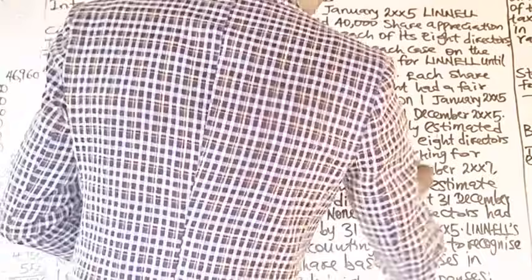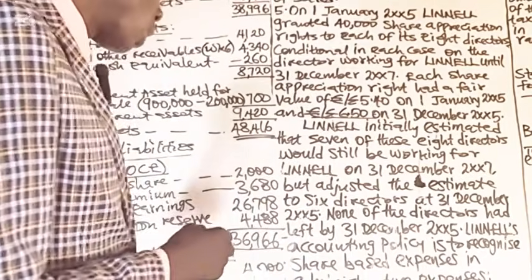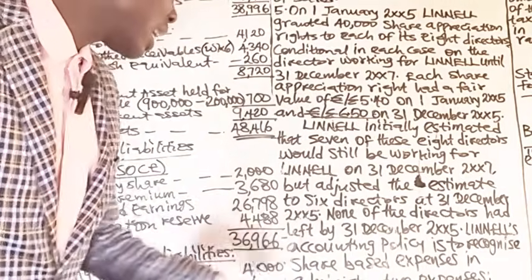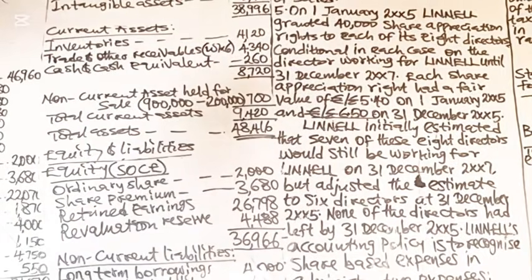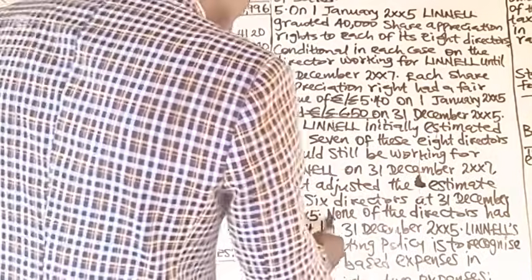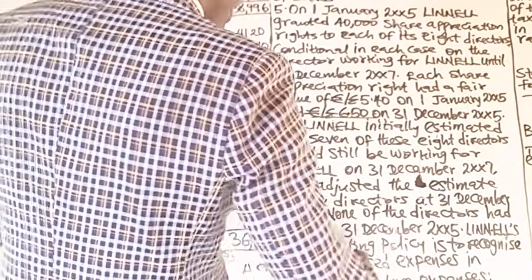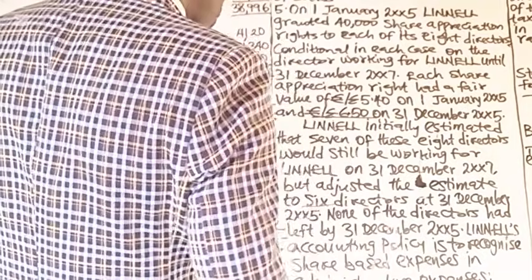Lease initially estimated that 7 of these 8 directors will still be working for Lease on 31st December 2007, but adjusted the estimate to 6 directors at 31 December 2005. So it means we are going to work with these 6 directors now.